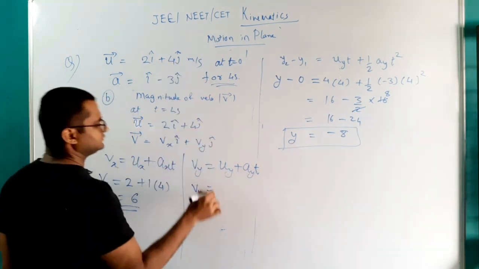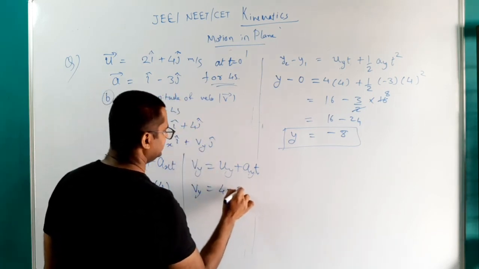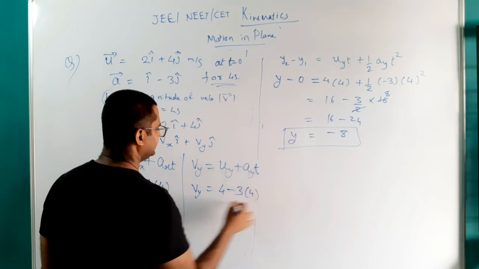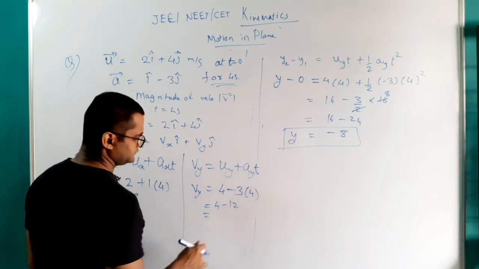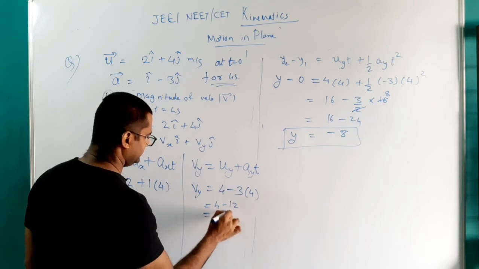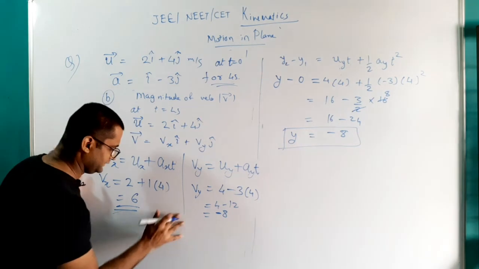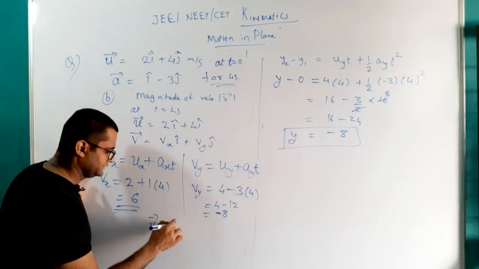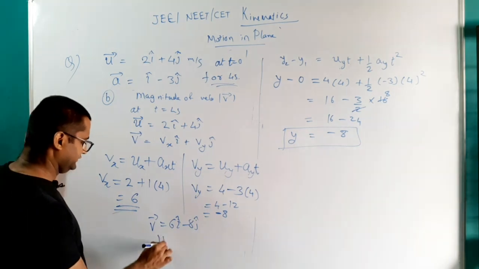Let us find Vy. Uy is 4. Ay is minus 3, so put a minus sign here. And time is 4 seconds. So this will be 4 minus 12, which is minus 8. And these are Vx and Vy. So what is our final vector? Velocity vector will be 6i minus 8j, and we want the magnitude of this velocity vector.